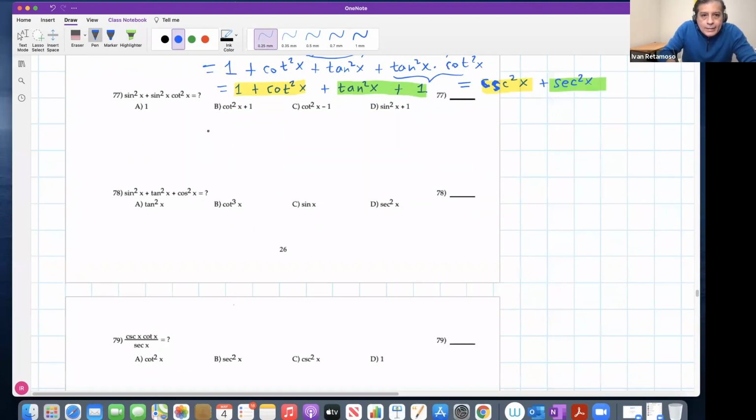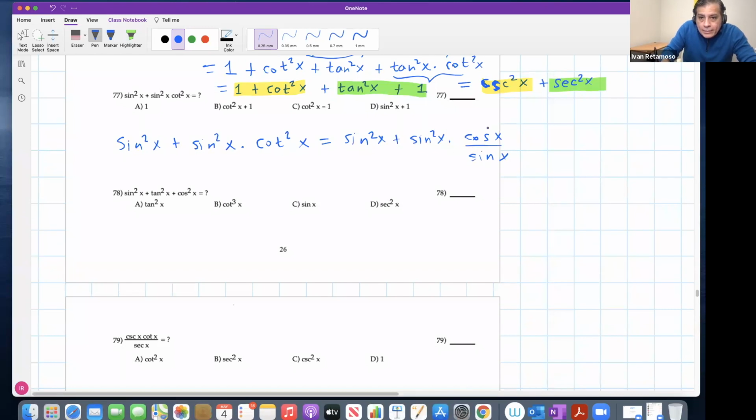of trigonometric identities. Here, for example, you have sine square of x plus sine square of x times cotangent square of x. They want you to simplify this. Cotangent is cosine of x over sine of x, right?